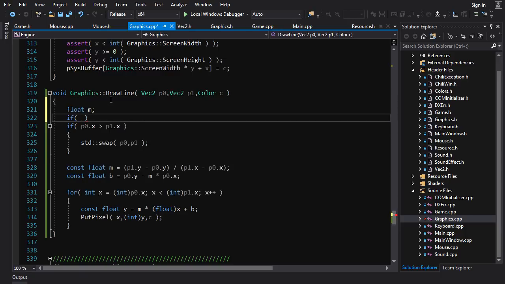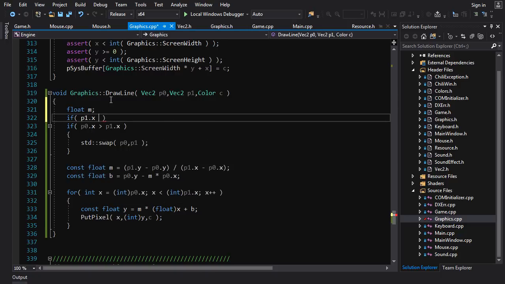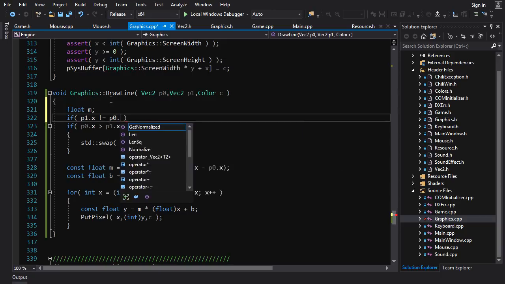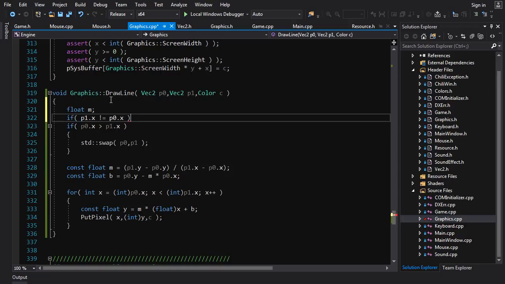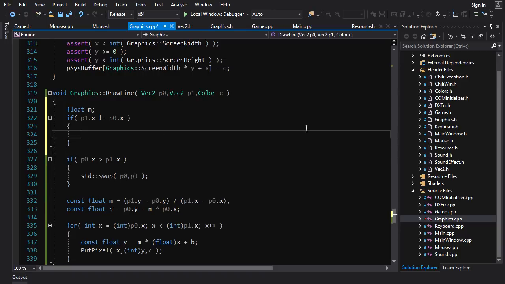And here I am going to do if p1.x is not equal to p0.x. I could have done that the other way around, doesn't matter. So if they are not the same, meaning if it's not a completely vertical line, then let's calculate that slope. And we'll do that like this.